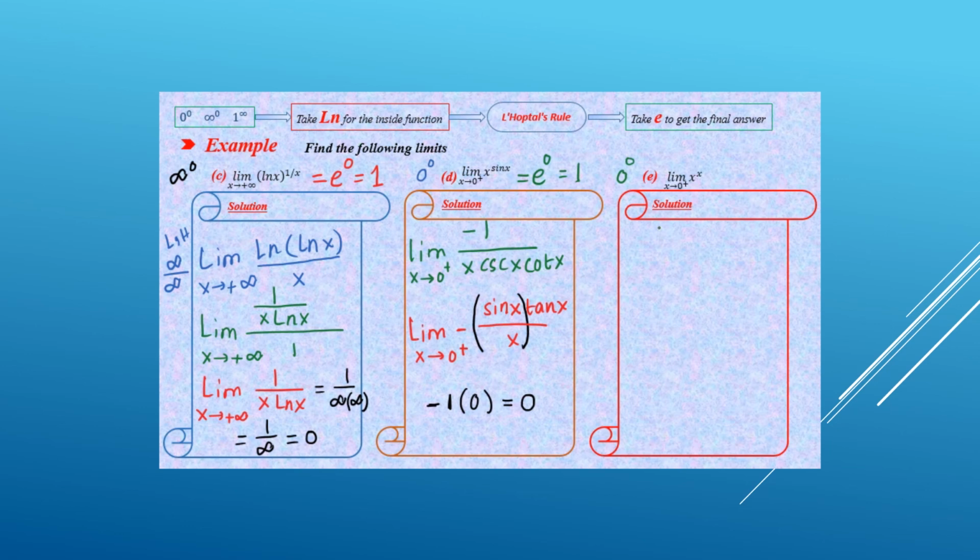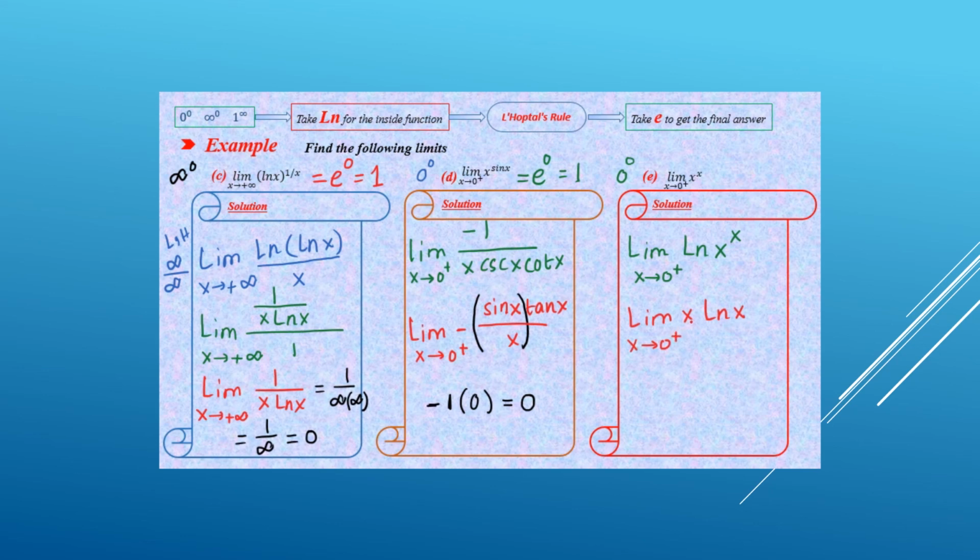You have to take ln for the inside function, and we have the limit of ln of x to the x when x goes to 0 from the right. Now put the power down, you will have the limit of x ln of x when x goes to 0 from the right.